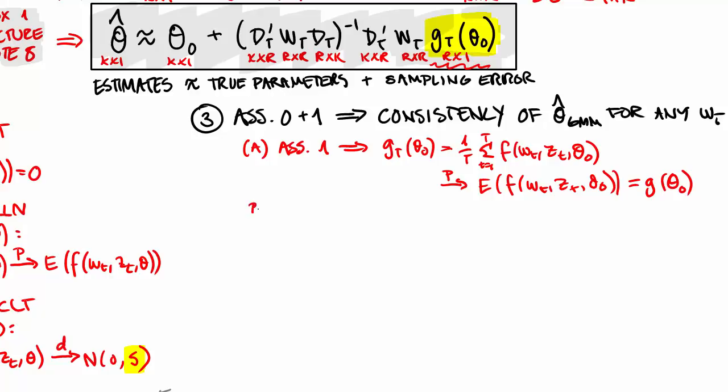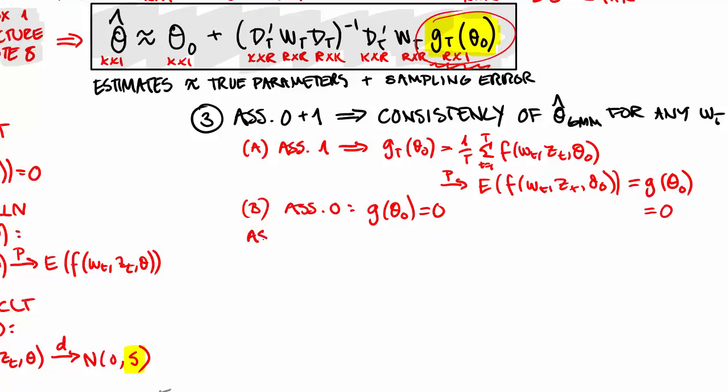Now we need assumption 0, because assumption 0 says that the population moments are correct, so g of theta 0 is equal to 0, so that means that the last part out here is going to be equal to 0. If you now look at the gray expression up here, note that the last part, if that is going to converge in probability to 0, we have a consistent estimator.